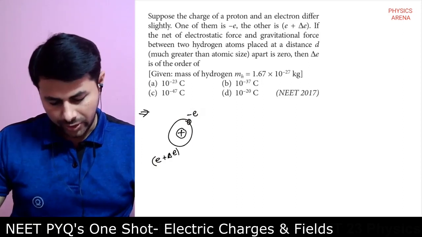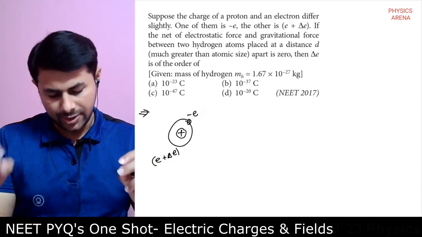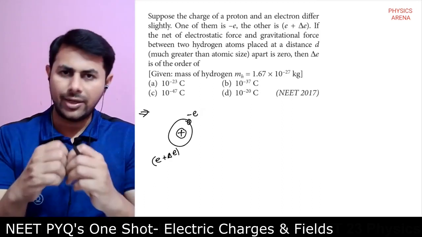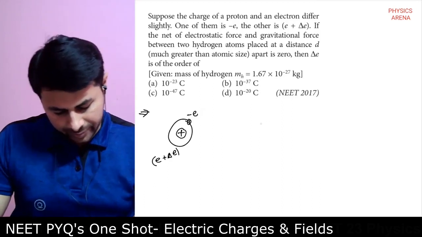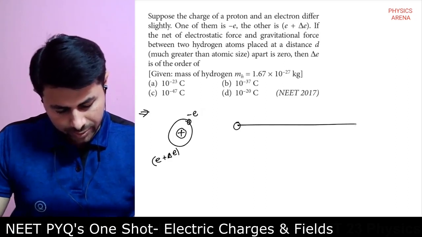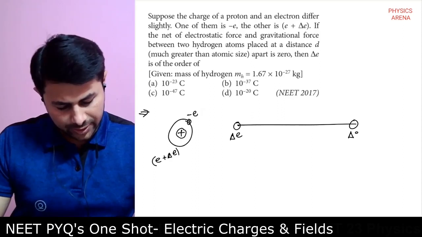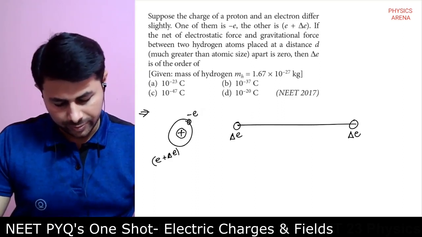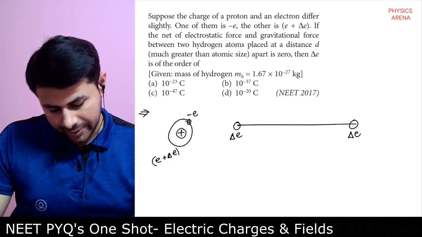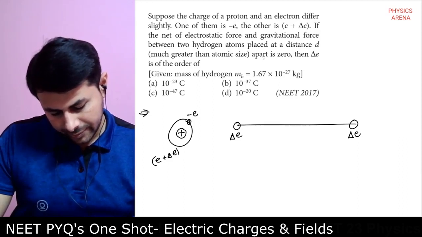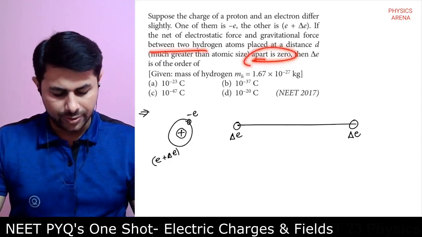So you have two such hydrogen atoms. They are placed at a distance d, which is very large compared to the atomic size. Suppose these are two hydrogen atoms. The charge on this one is delta e, the charge on this one is delta e, positive. Then what happens? The force between them is 0.